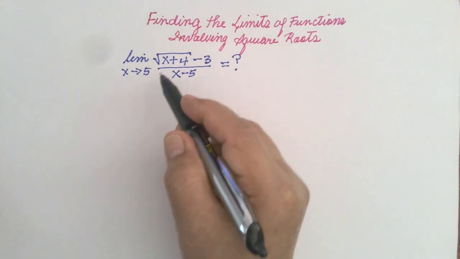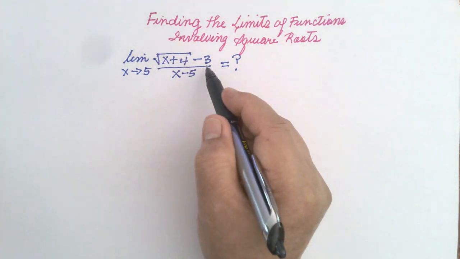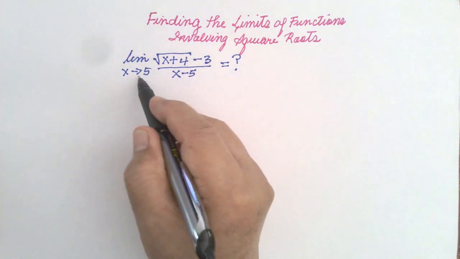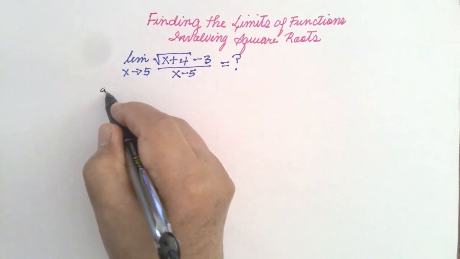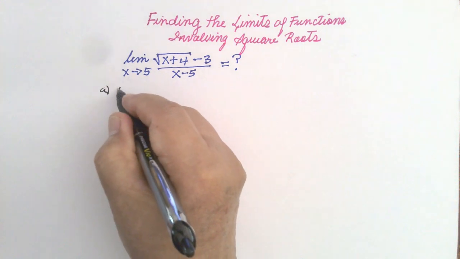Let us find the limit of the square root of x plus 4 minus 3 over x minus 5 as x approaches 5. Let us do it by using direct substitution.